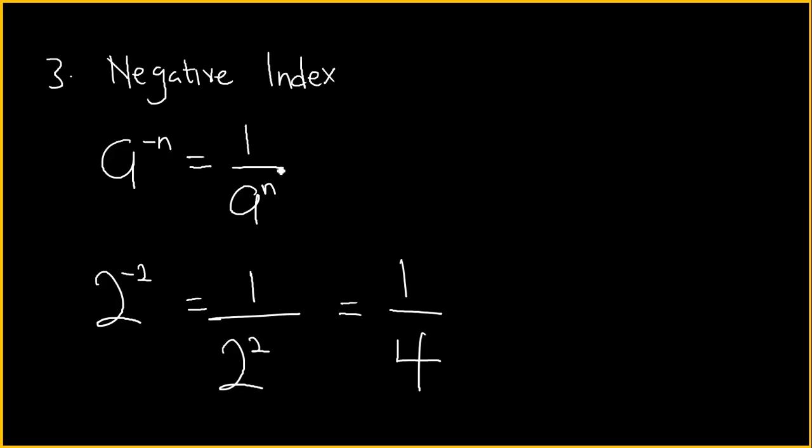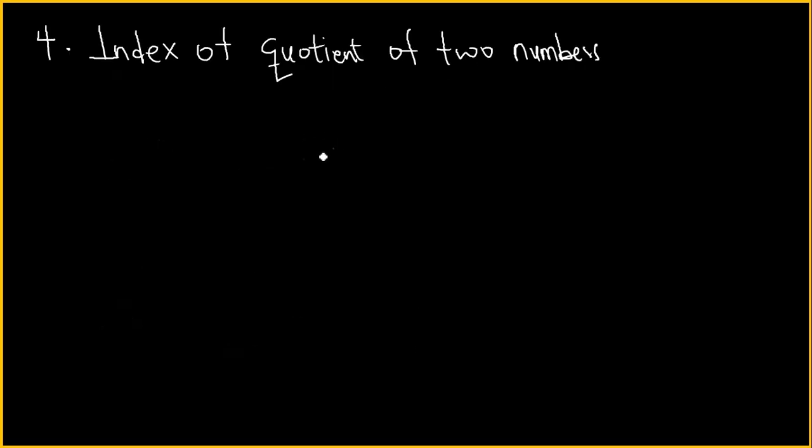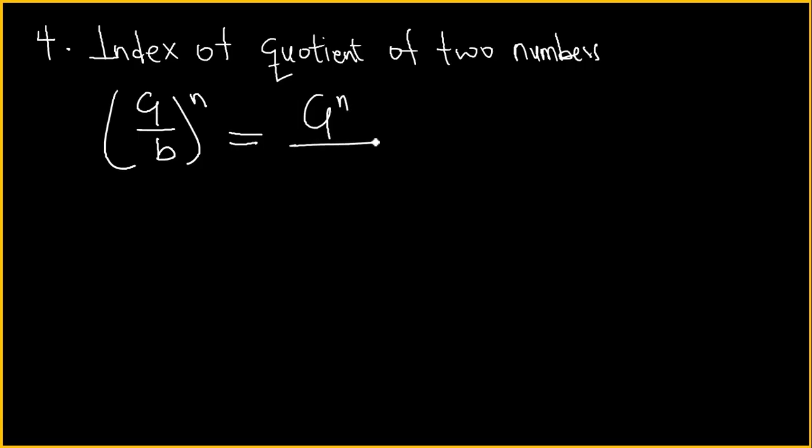Next property, index of quotient of two numbers. Now (a on b) all raised to the power n. This is also simplified as a to the power n on b to the power n. This is the index of quotient of two numbers.